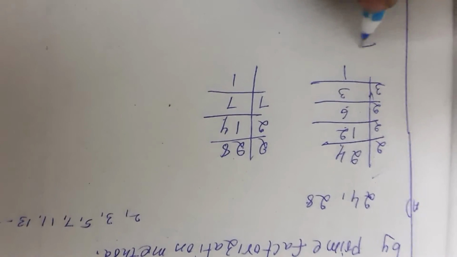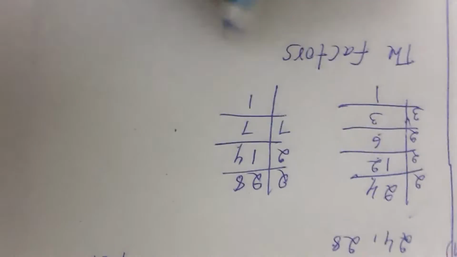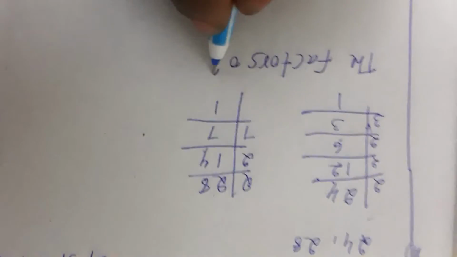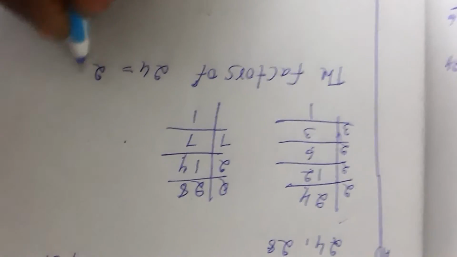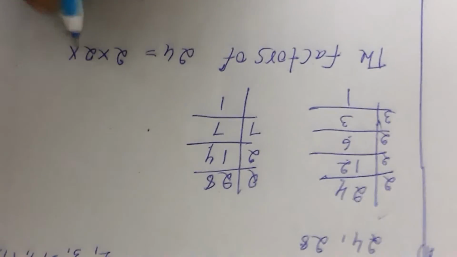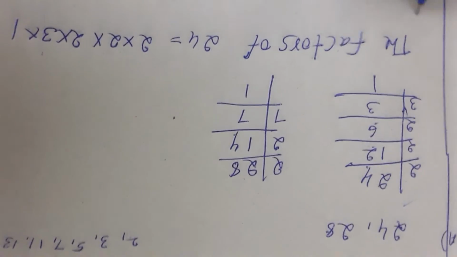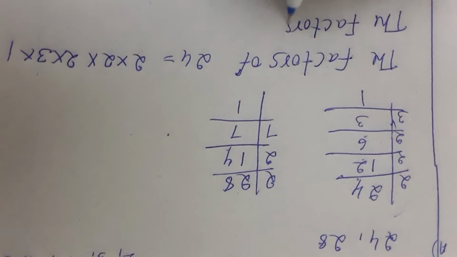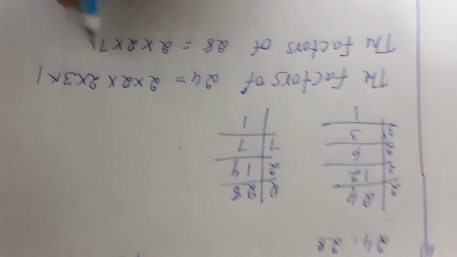So the factors of 24 equal 2 into 2 into 2 into 3 into 1. The factors of 28 equal 2 into 2 into 7 into 1.